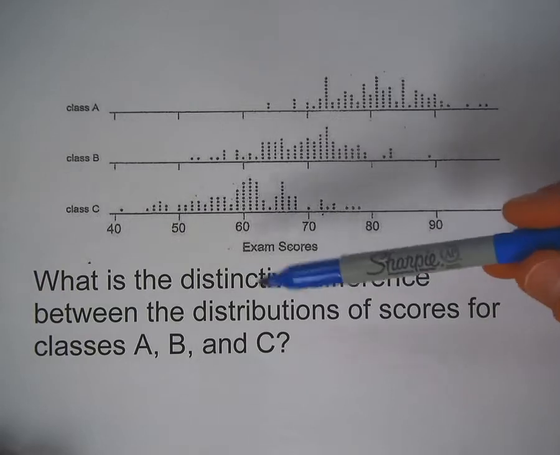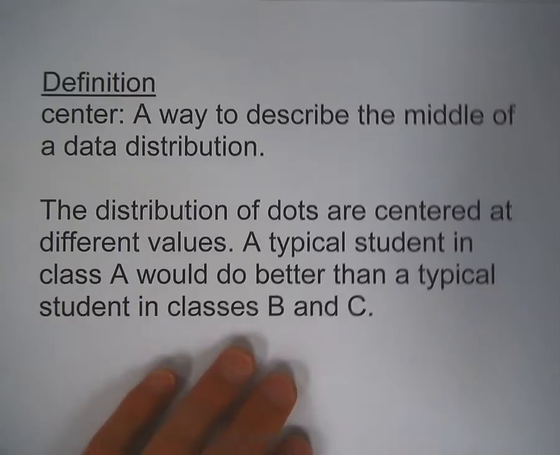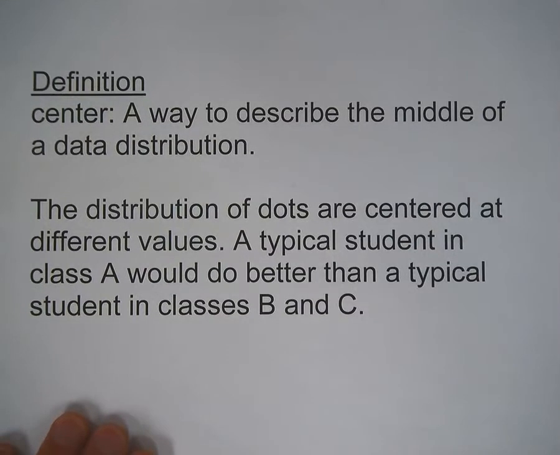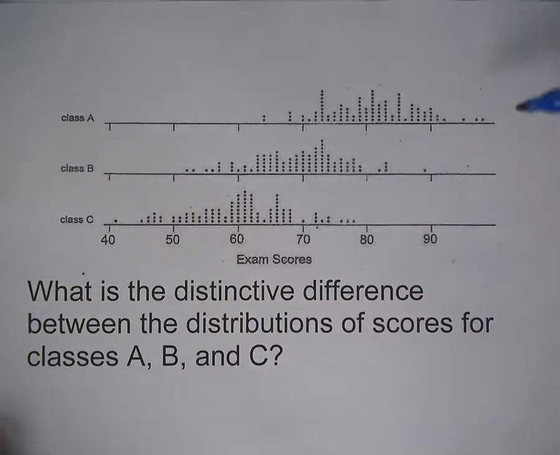So the first question is what is the distinctive difference between the distributions of scores for classes A, B, and C? Take a minute to just look at each distribution. The main difference in those distributions was where they were centered.